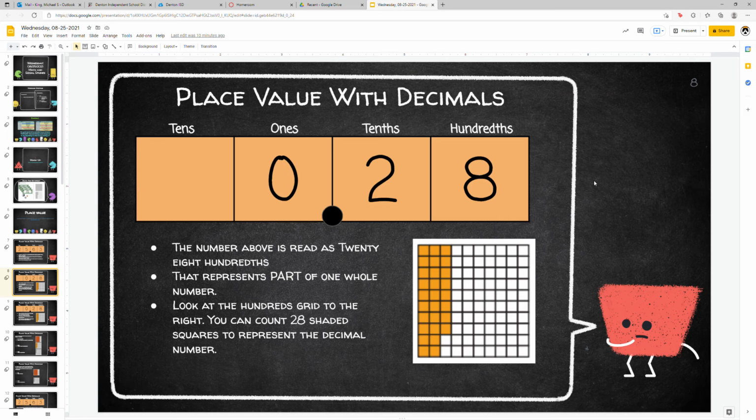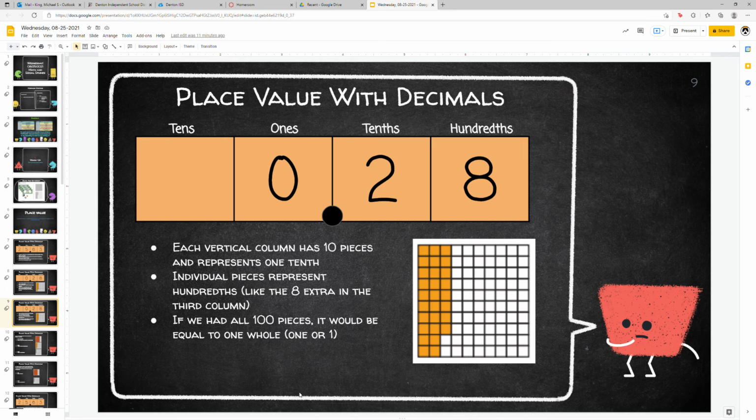Look at that hundreds grid to the right on this slide. You can count 28 shaded squares to represent that decimal number above. Each vertical column in that hundreds grid has 10 pieces, kind of like a rod with base 10 blocks split into 10 pieces.